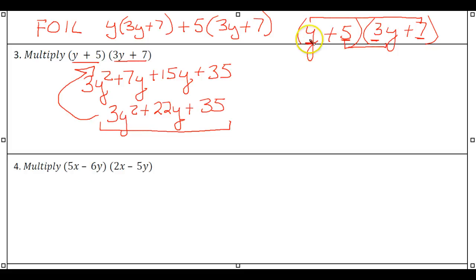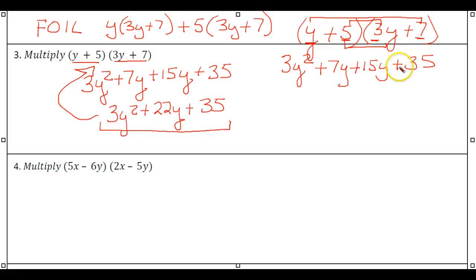So let's do the first now. Y times 3y is 3y squared. I do my outers, and I get my plus 7y. I do my inners, and I get plus 15y. And I do my last, and I get 35.